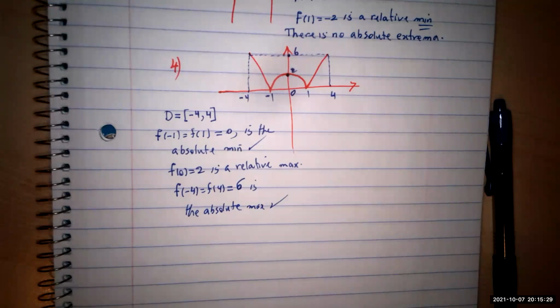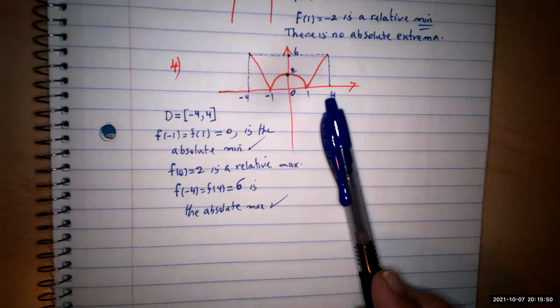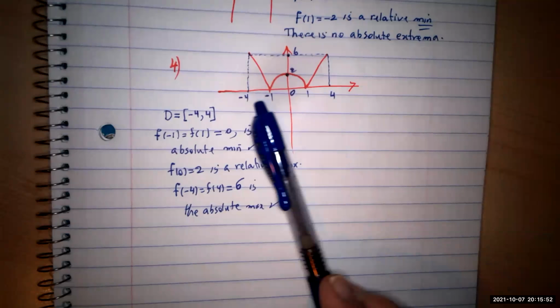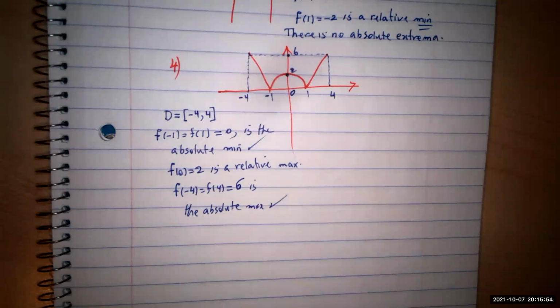Yes, question? Professor, I'm a little confused. Previously you said that because the other one went to infinity, that's why you could tell it was relative. But how can you tell from this graph that it does not go on forever to infinity? Because they restricted it, you see. The end is given to you.